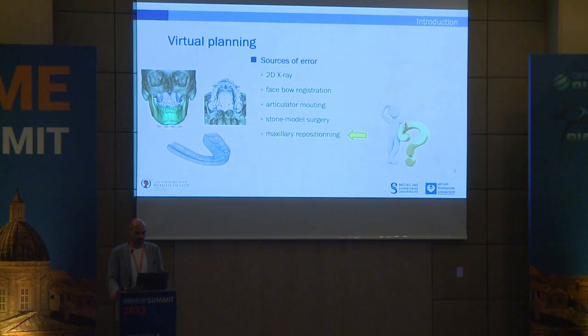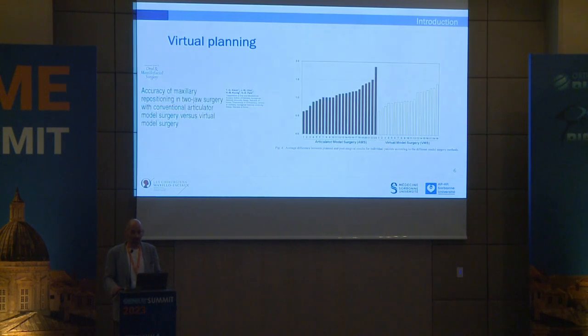Now, of course, we need to register the mandible's mobility and movements, but we are a lot more accurate. Obviously, when we reposition the maxilla, we know that we have to reposition the mandible properly compared to the upper maxilla. Now, this has been studied. It may look a bit disappointing.